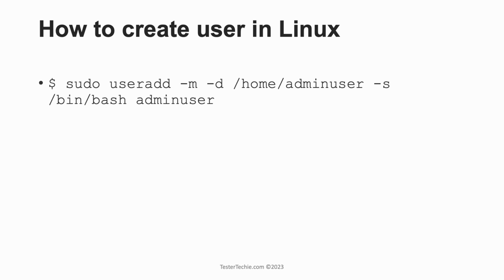So your complete command will look like sudo useradd -m -d /home/adminuser. Then for the shell you can use -s /bin/bash, and the last is the user account name.